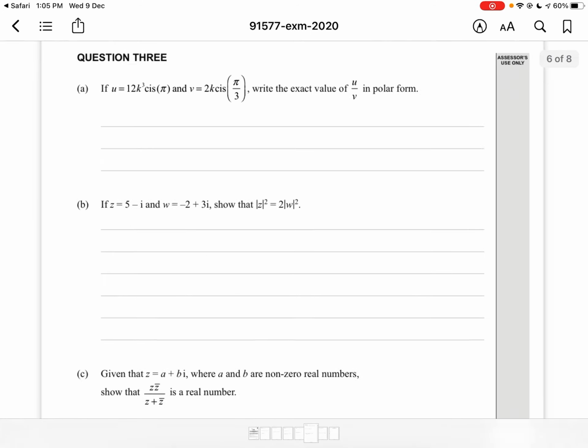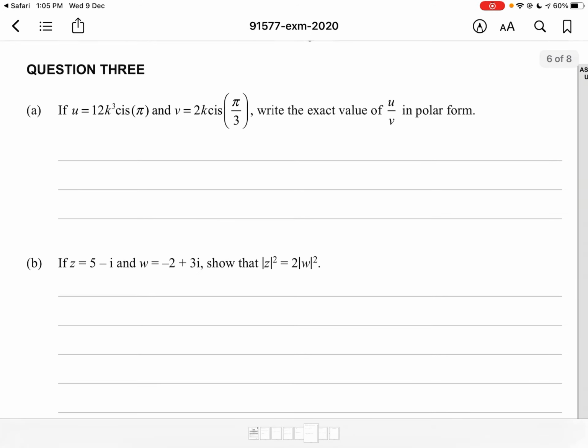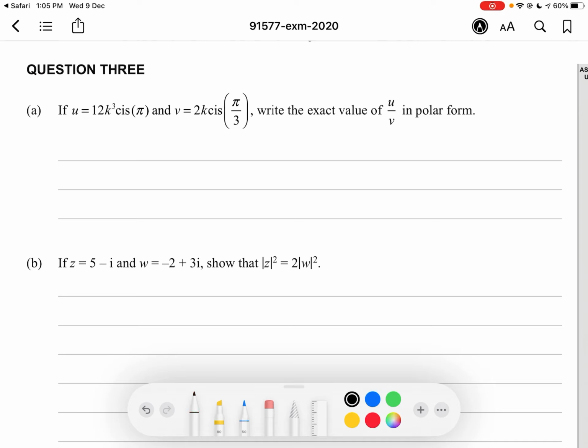Alright, so let's have a look at question 3. If u equals 12k cubed cis pi and v equals 2k cis pi over 3, find the exact value of u over v in polar form. So u over v is 12k cubed cis pi over 2k cis pi over 3.